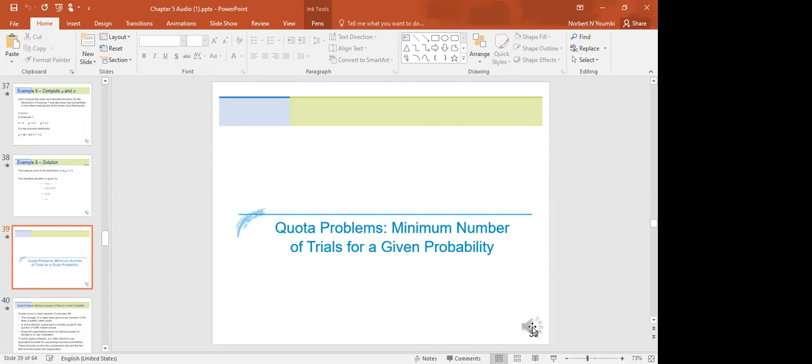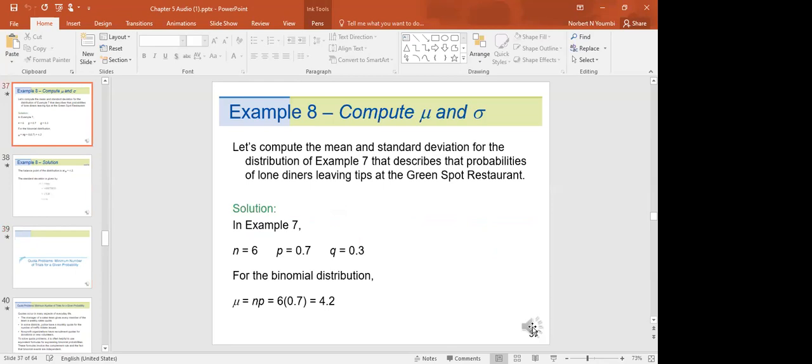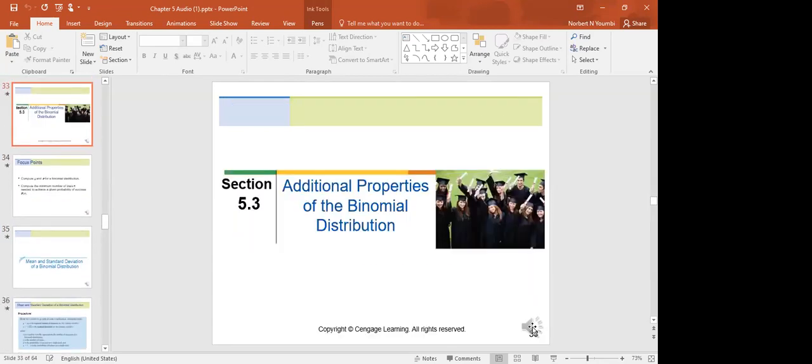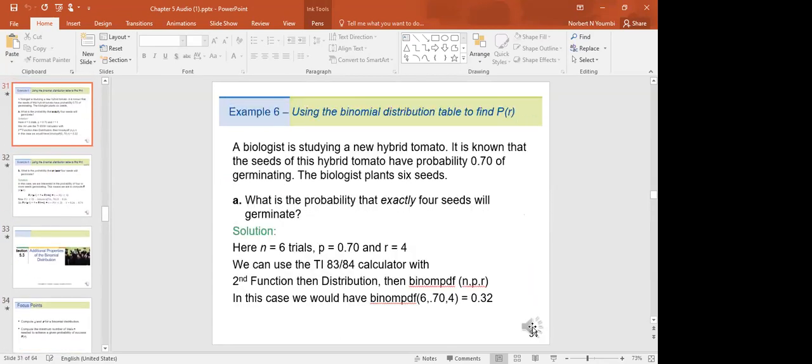For example, you are a biologist. Let's look at the example we had, and you want to get at least 4 seeds germinating.